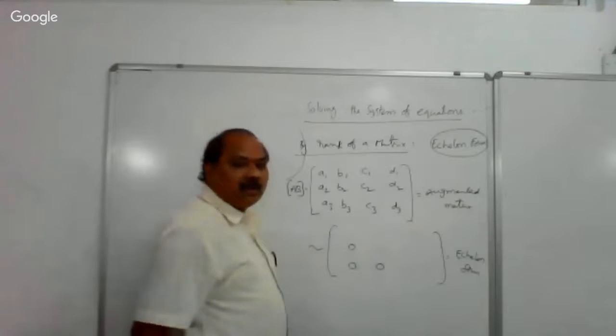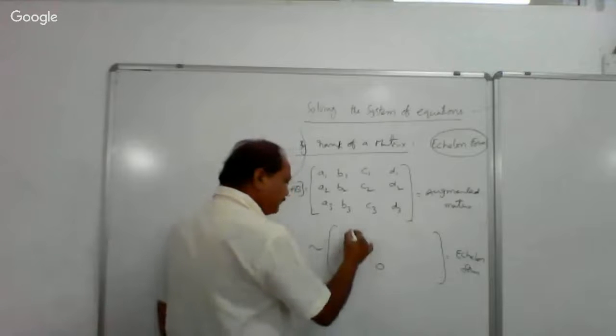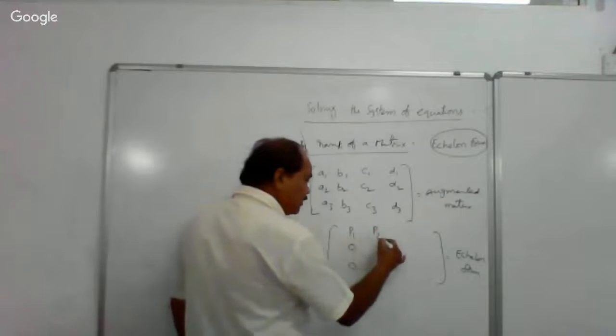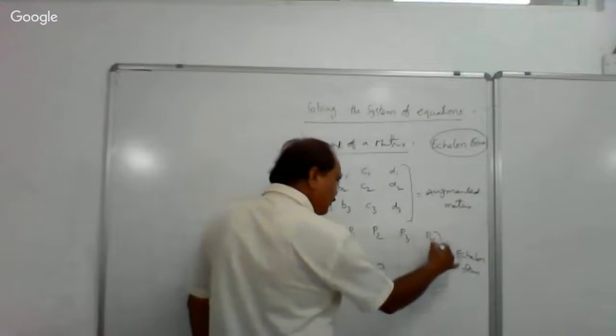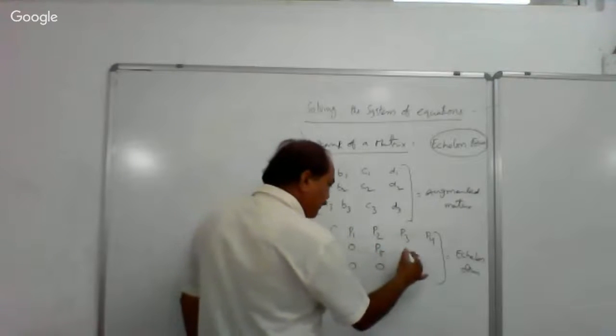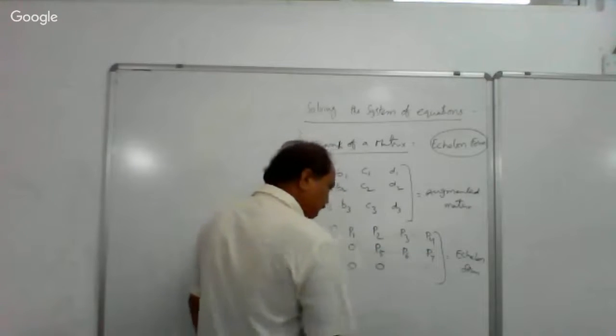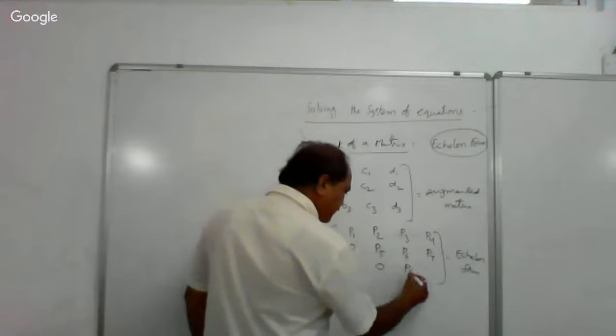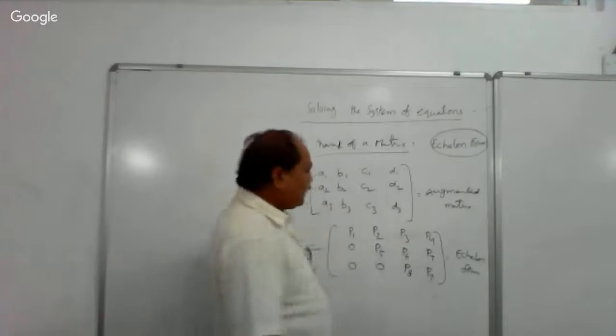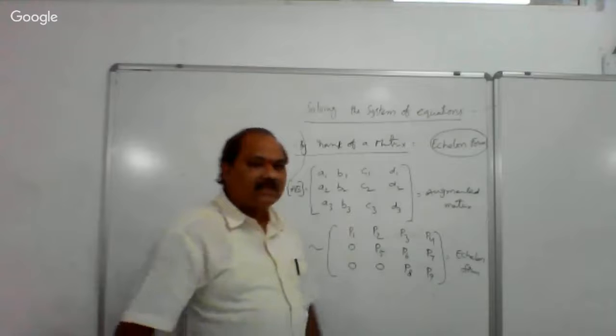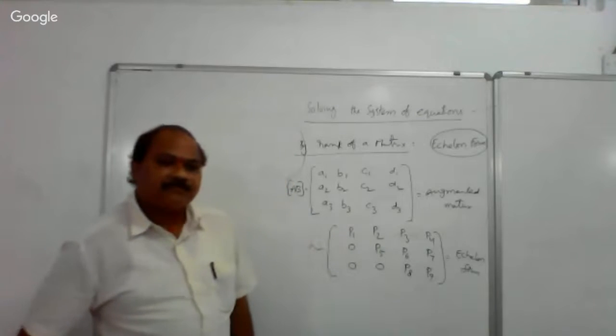Suppose the echelon form is of the form P1, P2, P3, P4, P5, P6, P7, P8, P9. Of course, it is just like the Gauss-Jordan method also.